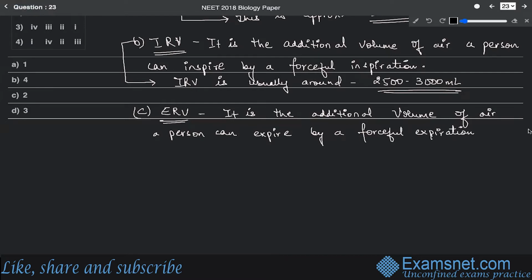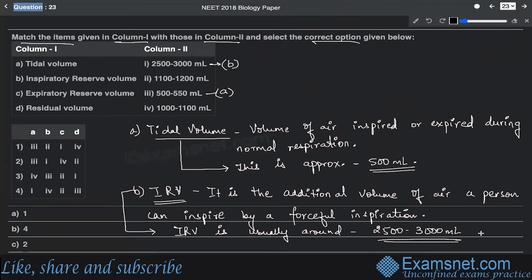ERV is usually 1000 to 1100 ml. So this means 1000 to 1100 ml, which is this one.